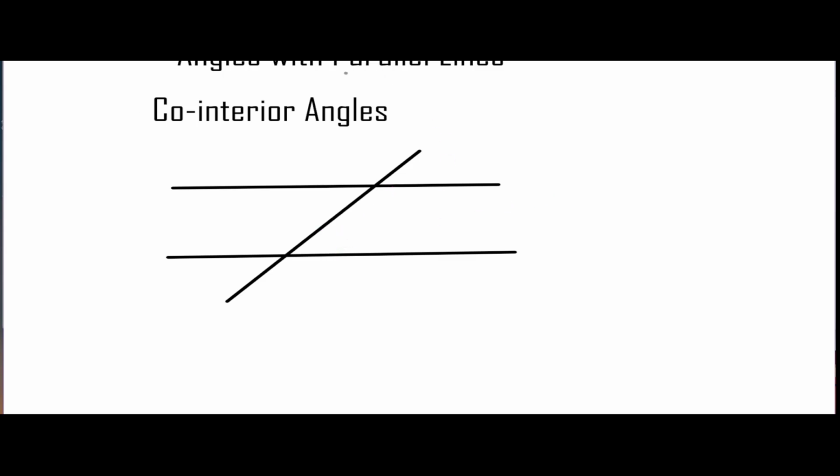In this case, it doesn't mean that they are equal to each other. It just means that this angle here and this angle here add to 180 degrees. They're supplementary.